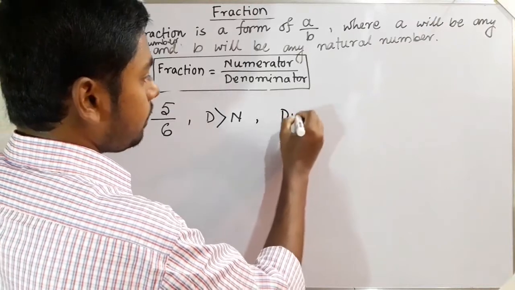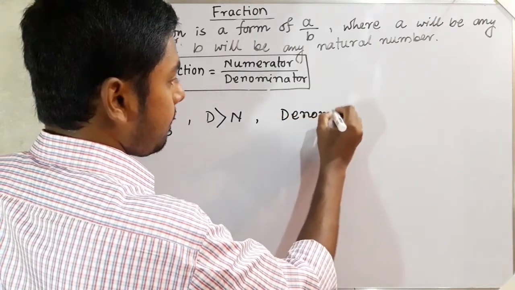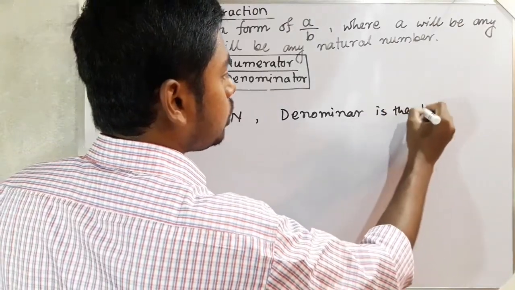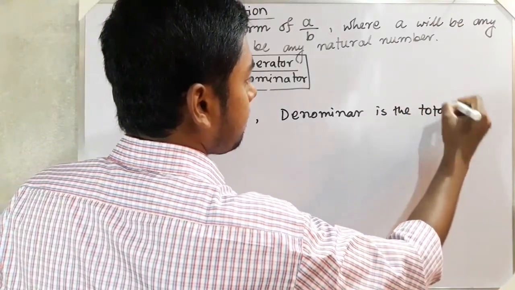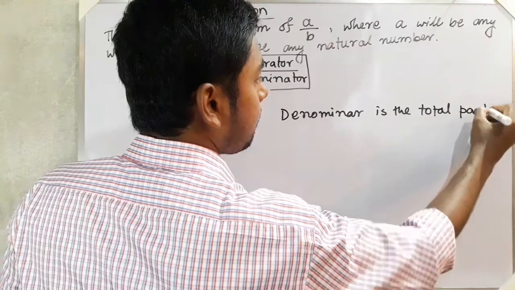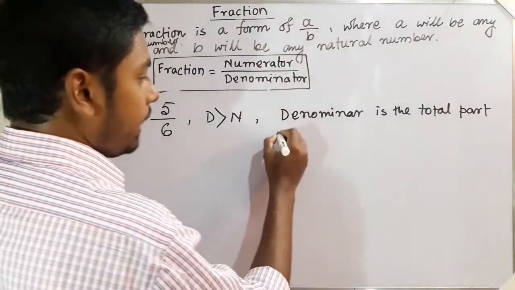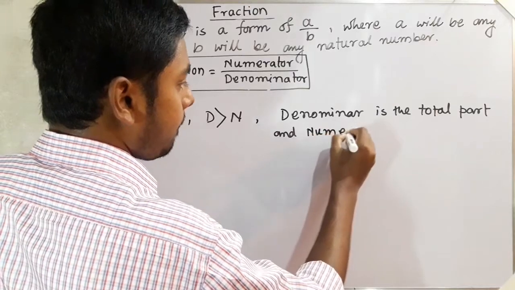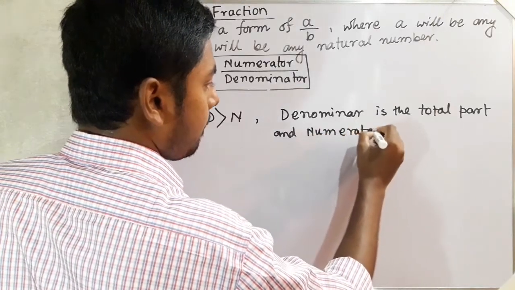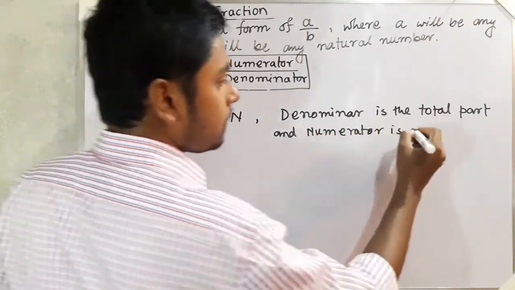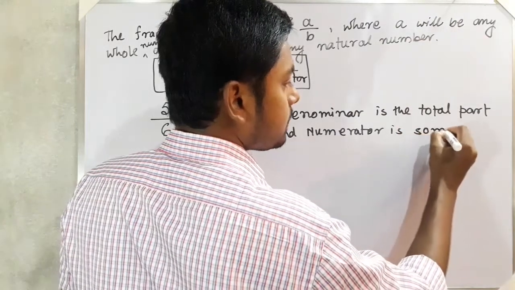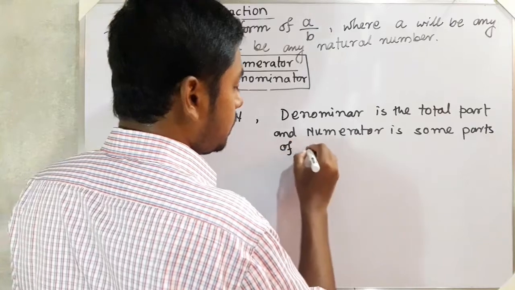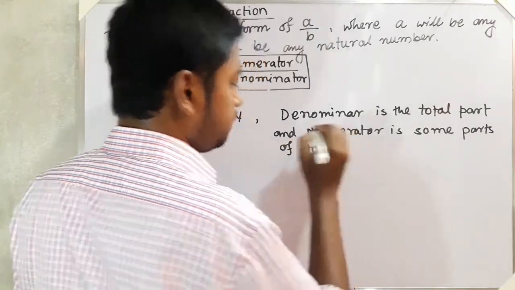denominator is the total part, and numerator is some parts of total.